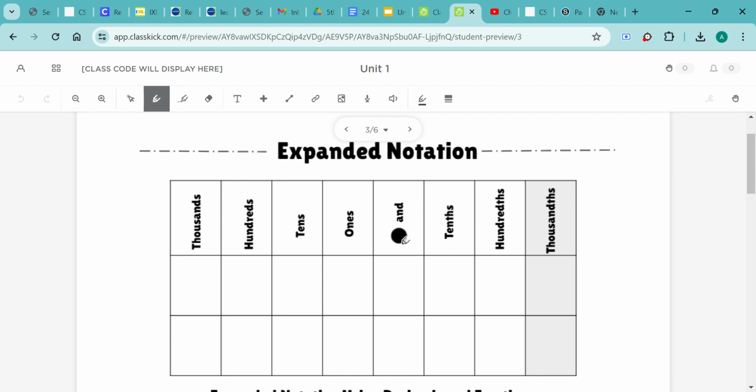When we have a decimal, we say and, and behind the decimal we have our tenths, hundredths, and thousandths. Digits there tell us how many tenths or hundredths we have. The thousandths place is the newest place value for you guys, and it tells us how many thousandths we have in the number.